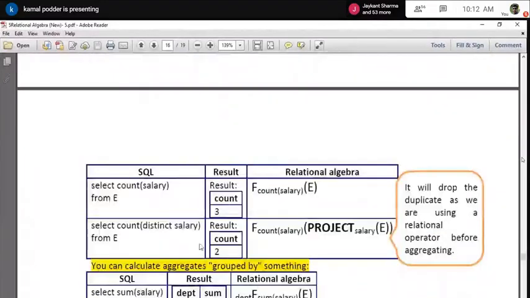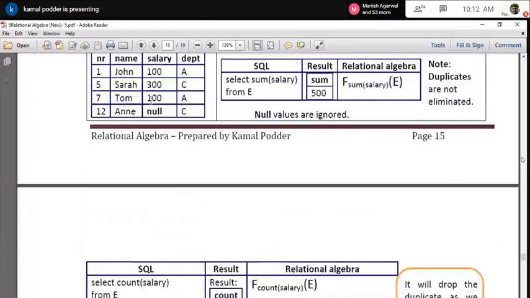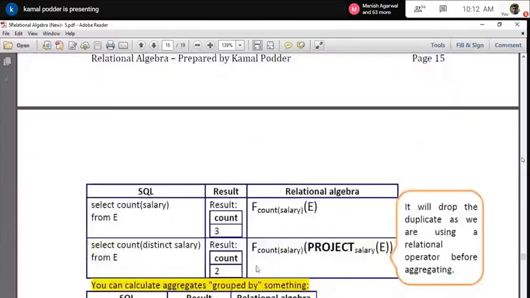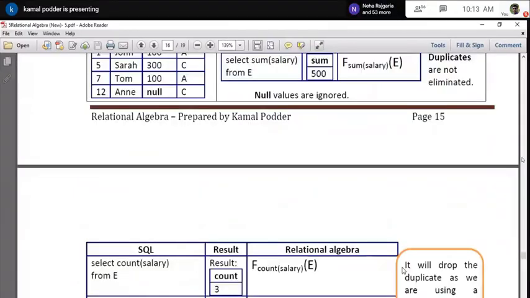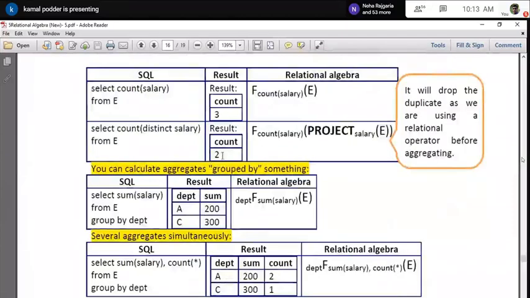But if you give a projection, that means you are giving the projection of salary from E, projecting the salary column, and then you count. What will happen? As you have already done another relational operation before counting, this relational operation will automatically drop the duplicates. That means the hundreds are dropped, so you get only 2 distinct values, and that is the reason the count is 2.